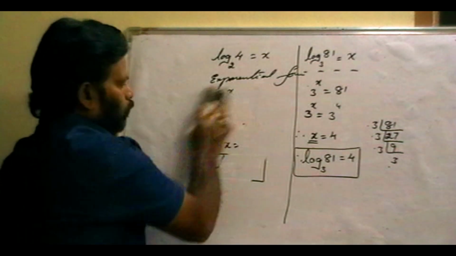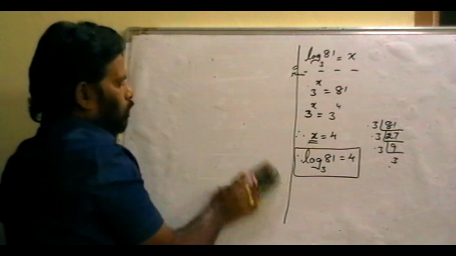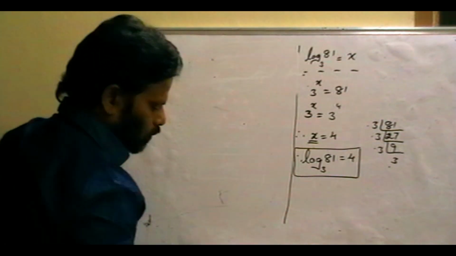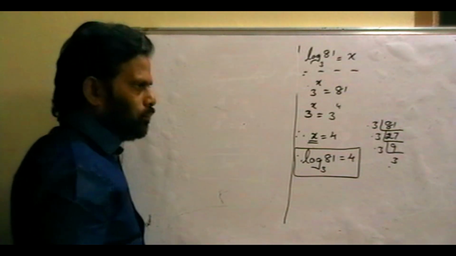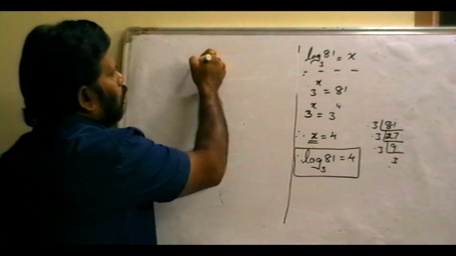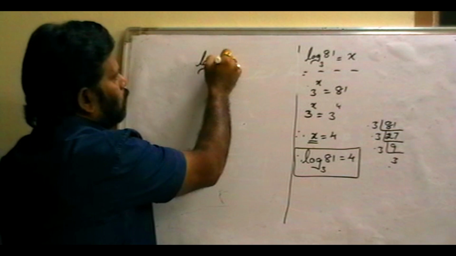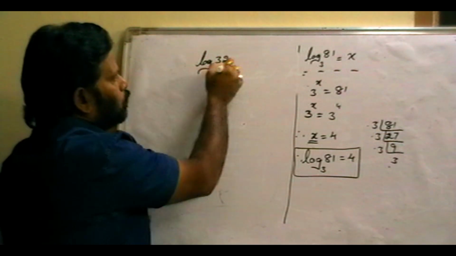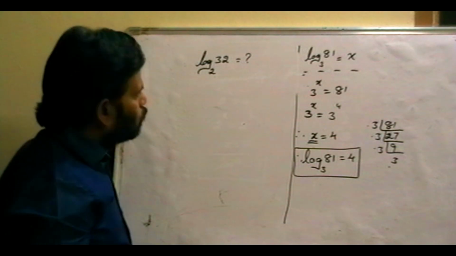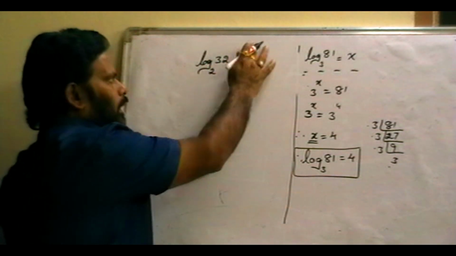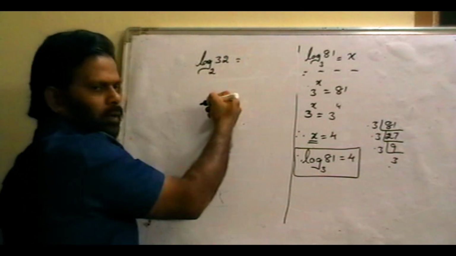For example, one more example. Suppose, what is the value of log 32 to the base 2? Log 32 to the base 2. That means again we change it into the logarithm exponential form.